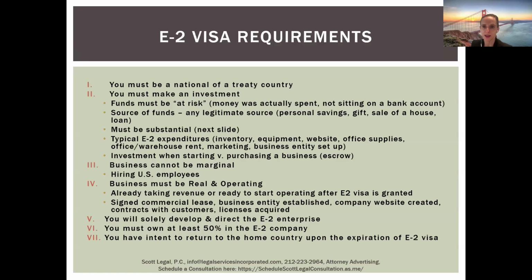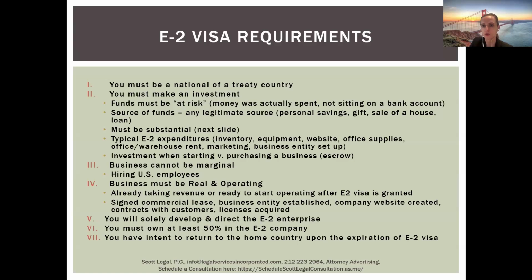So let's say that you transferred $100,000 from your foreign personal account to a US company's account in the US, and you have $100,000 in the company's bank account in the US, and you plan to make all these expenditures after your E-2 visa is approved. Will this work for E-2? So the answer is unfortunately not.